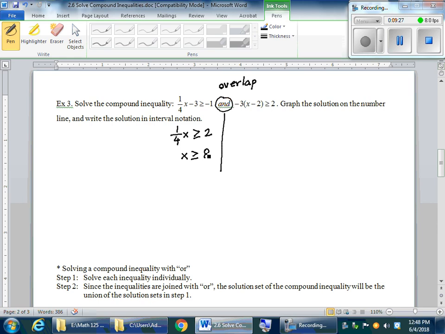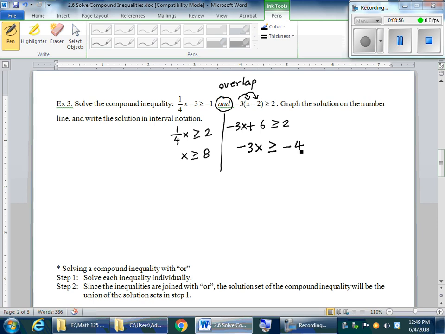The second inequality, first we distribute negative 3, so it'll be negative 3x plus 6 is greater than or equal to 2. And then solving for x, we subtract 6 from both sides. So that will be negative 3x is greater than or equal to negative 4.